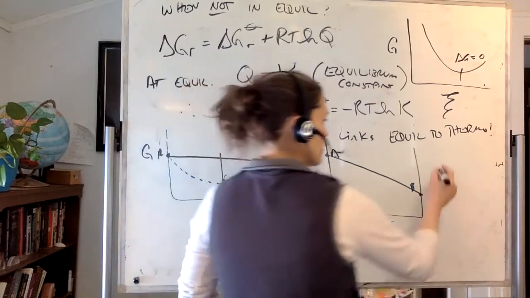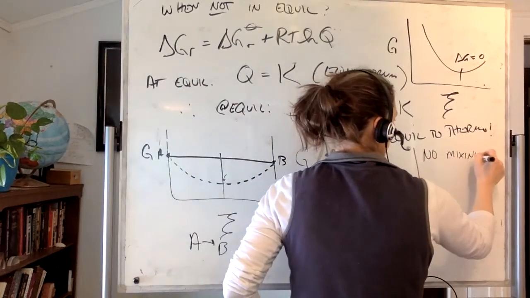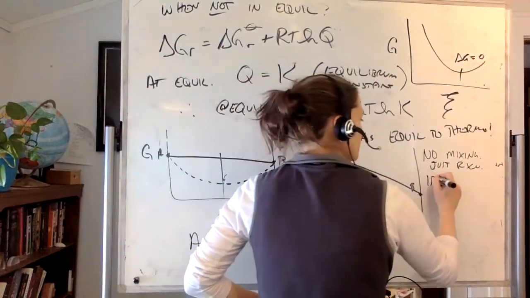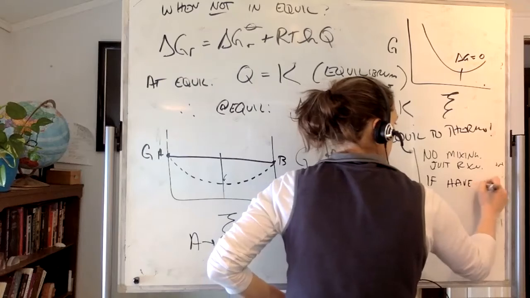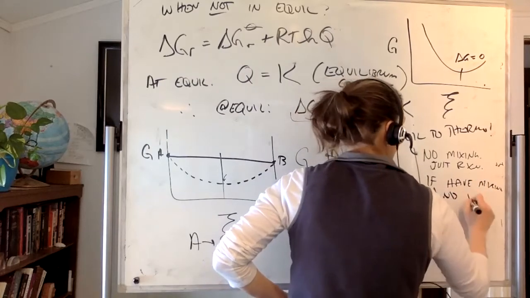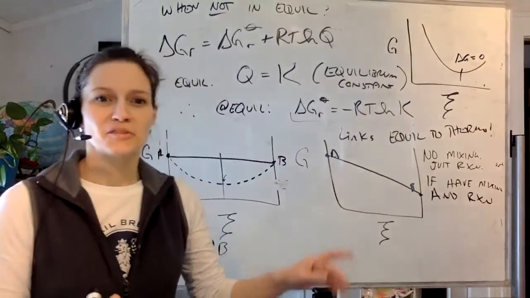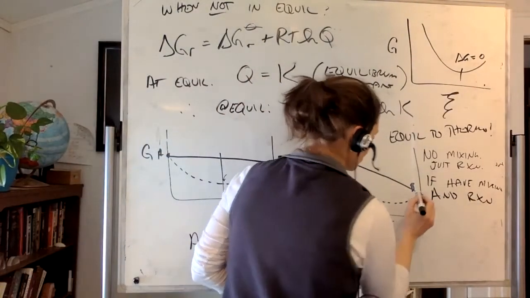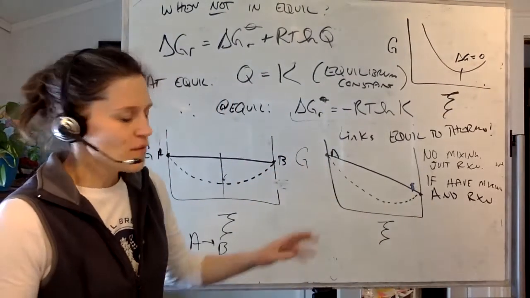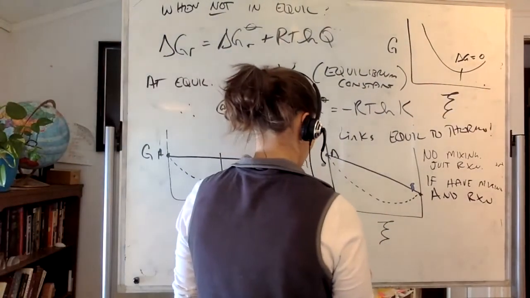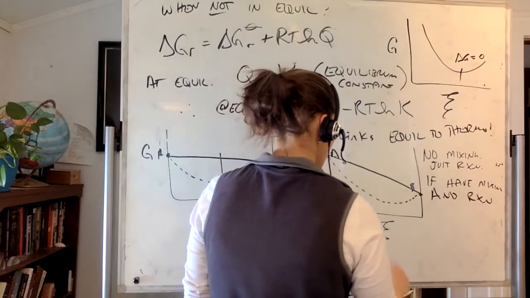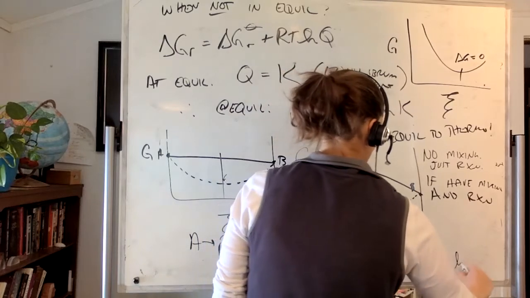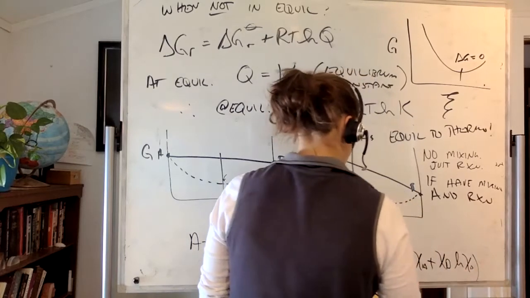So for no mixing, just reaction, you get this line. If you have mixing and reaction, this is where it gets fun. You're going to get something that looks like this, where the delta G of mixing is going to equal nRT times mole fraction of A log mole fraction of A plus mole fraction of B log mole fraction of B. There should be an n here.